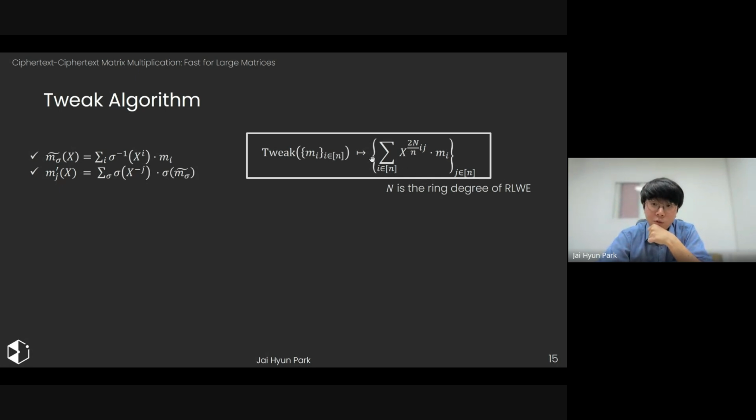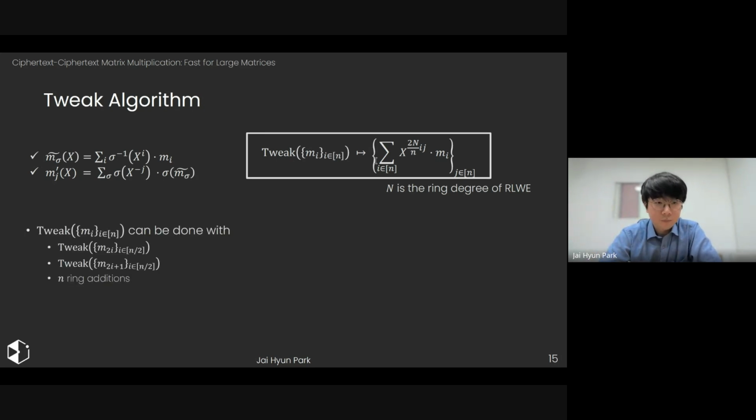Because this is structured, we could make a better algorithm to do that. Previously it was n square additions, so it required n cube bit operations, but we want to reduce it to O tilde n square. Our observation is that this twig algorithm can be done with 2 subproblems with additional cost.